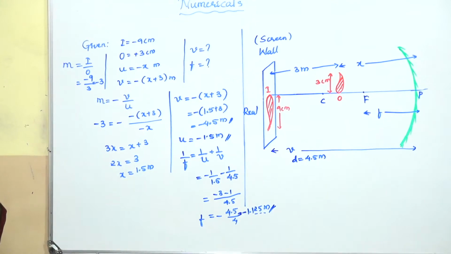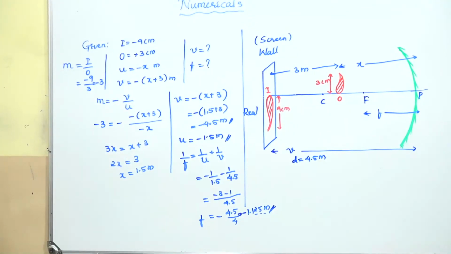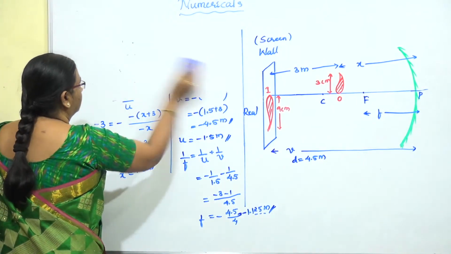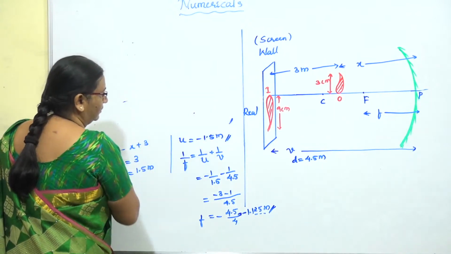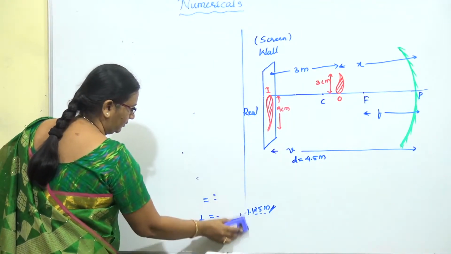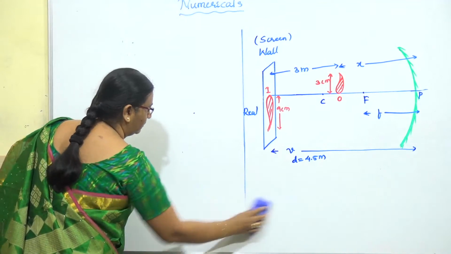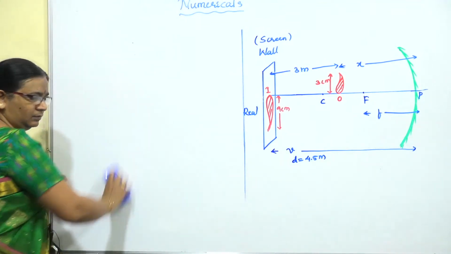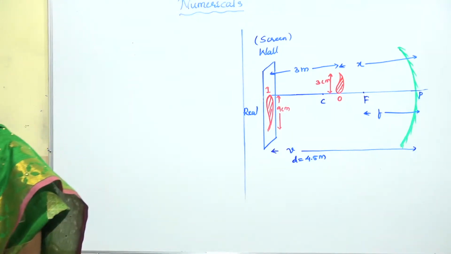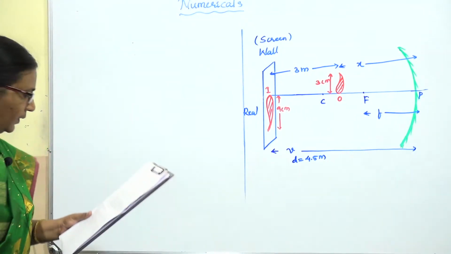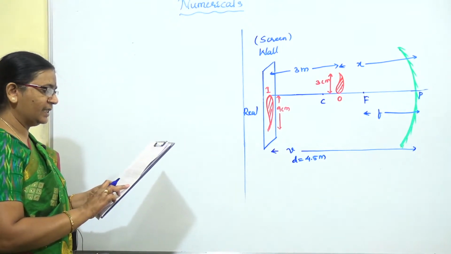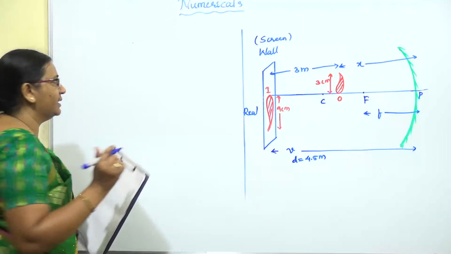Well, let us move on to the next question. The next question is: a dentist's concave mirror has a radius of curvature 30 centimeter.